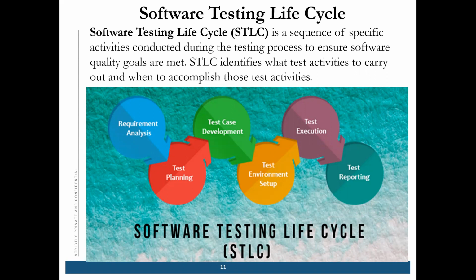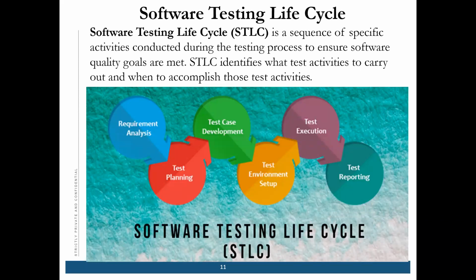In that report there are test logs, with how many test cases failed, passed, defects, and tracking of the defect: whether it is still open or closed, or whatever the status of the defect. That is called a test report.